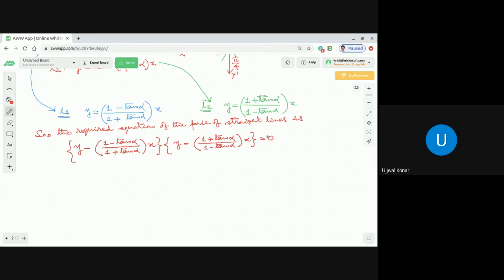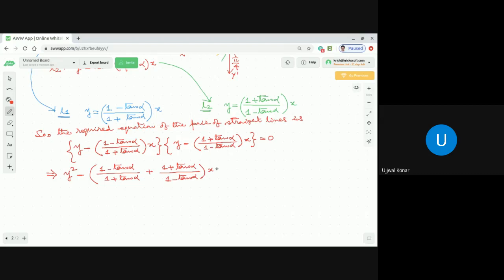Now all we need to do is simplify. You see that y and y will get multiplied, so it becomes y square minus 1 minus tan alpha divided by 1 plus tan alpha plus 1 plus tan alpha divided by 1 minus tan alpha into x into y.